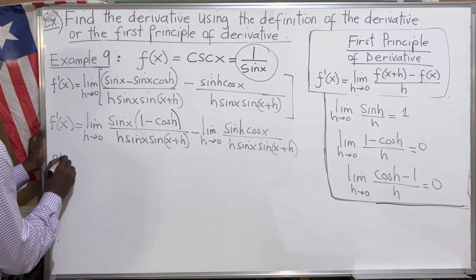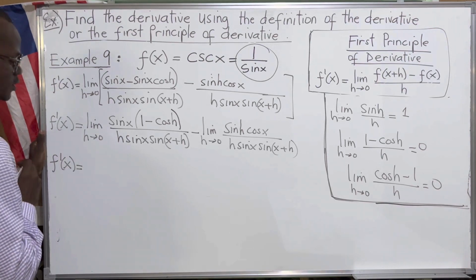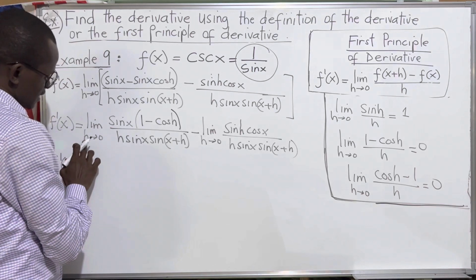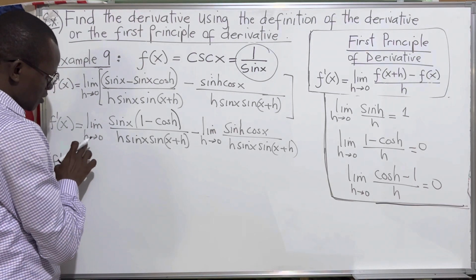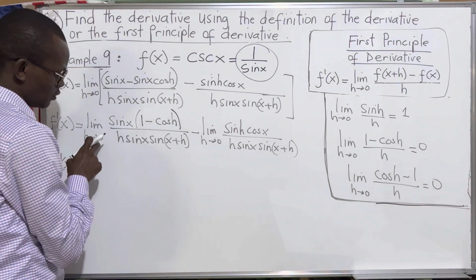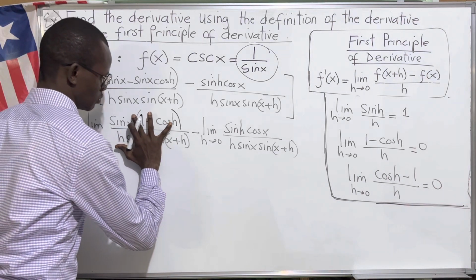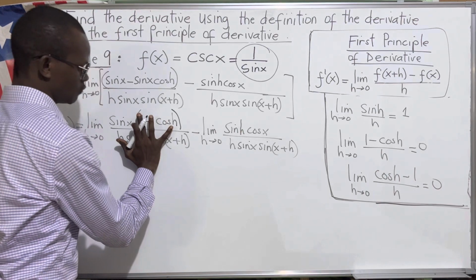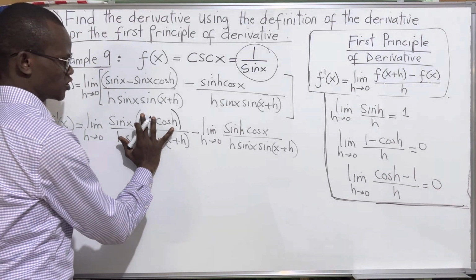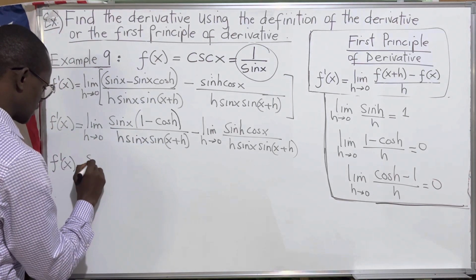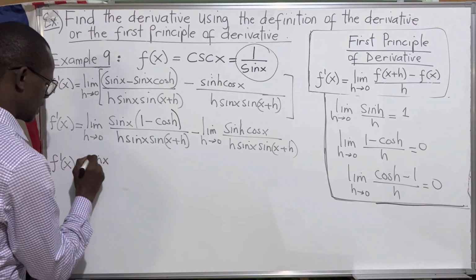So we have f prime of x equals. Now in this term, since h is the variable that is approaching this value, every other variable in this expression is a constant. So sine of x is a constant, so we can bring sine of x behind the limit.